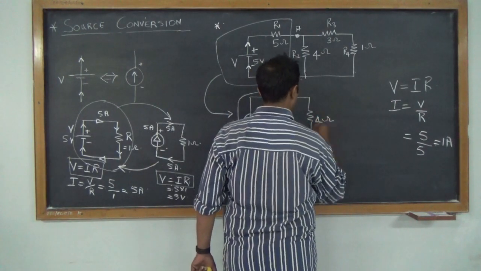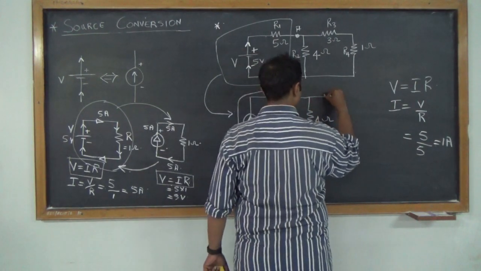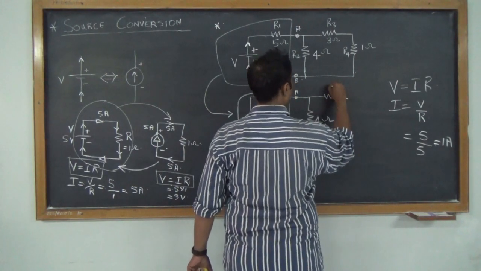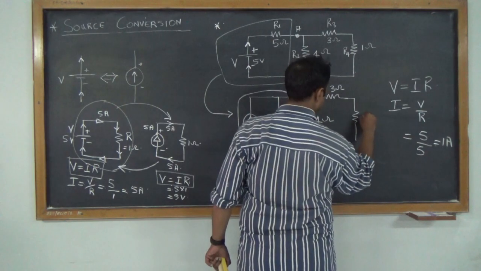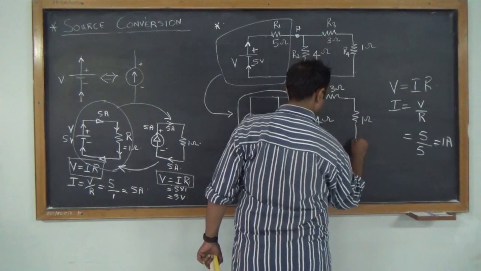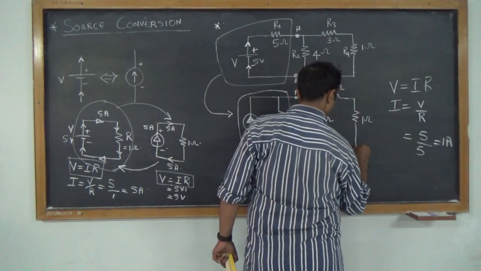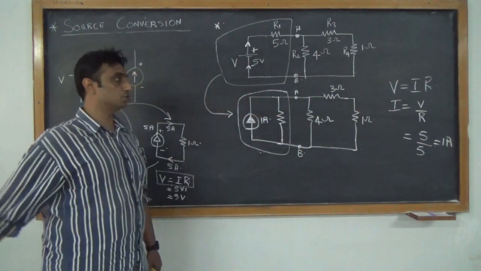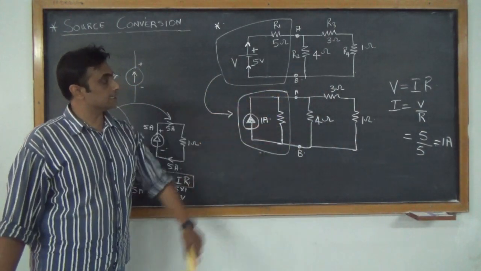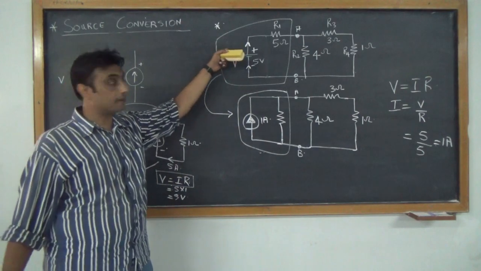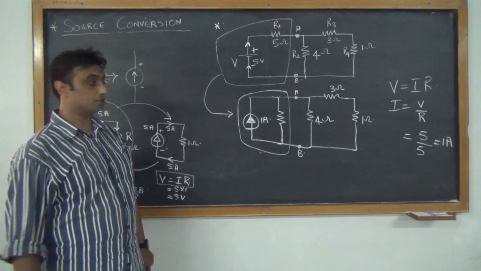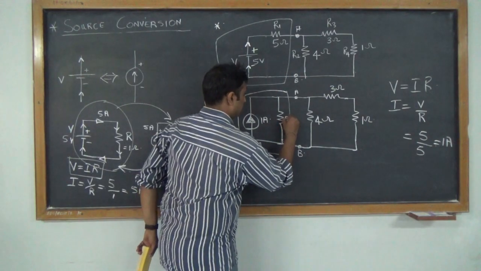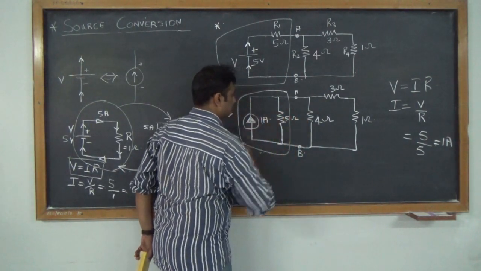So I effectively converted the circuit to a current source. So everything else remains the same, only that you have converted the voltage source to a current source. This is 5 volts.